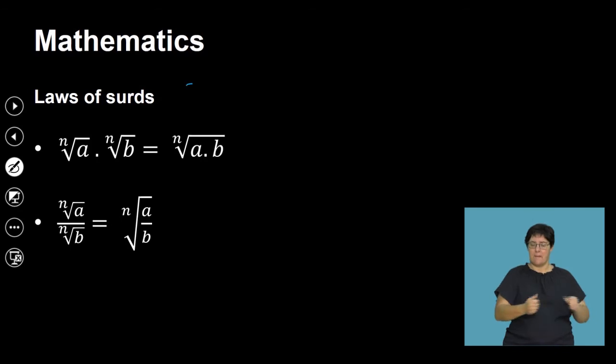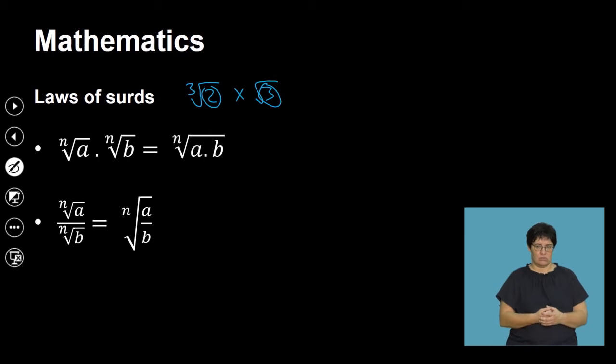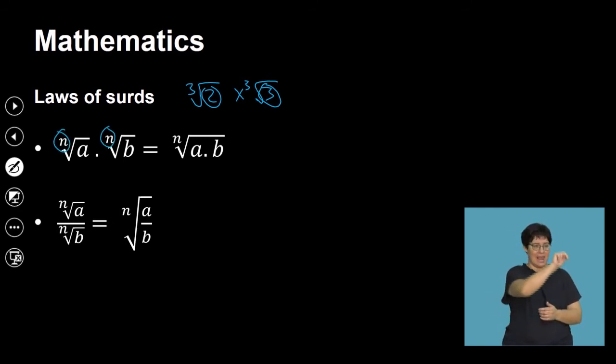So you cannot say the cube root of 2 multiplied by the square root of 3, and then you now want to multiply the 3 and the 2. No. It must be the cube root and the cube root for you to be able to multiply what is inside. It must be the 5th root and the 5th root for you to multiply. That's why I am using n there as my general term.